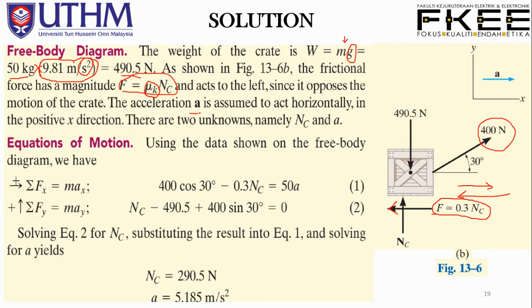The acceleration A is assumed to act horizontally in the positive x direction. So there are two unknowns, namely N C and A. A is the acceleration of the crate, and N C is the normal force caused by the surface over here.